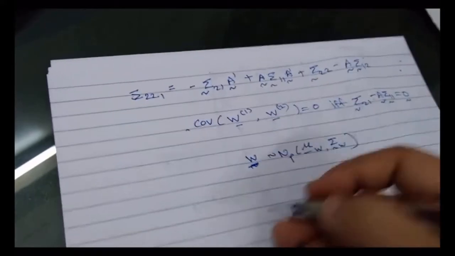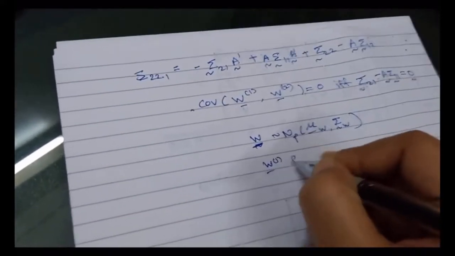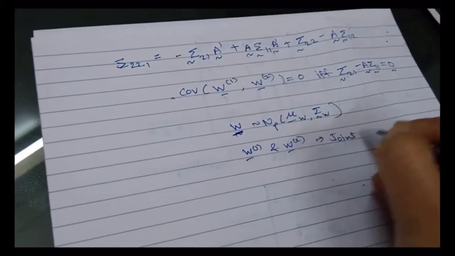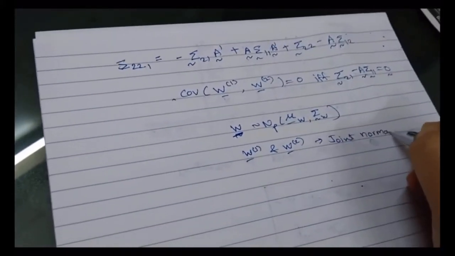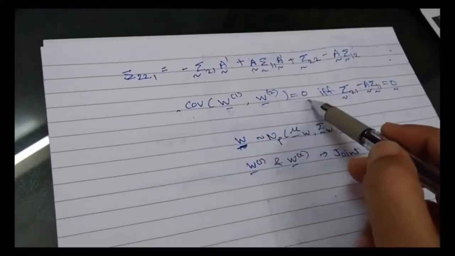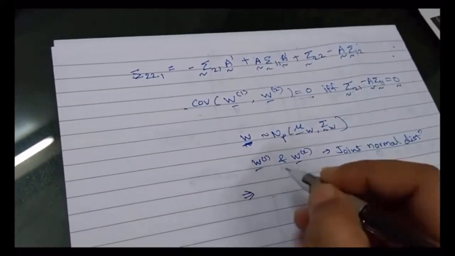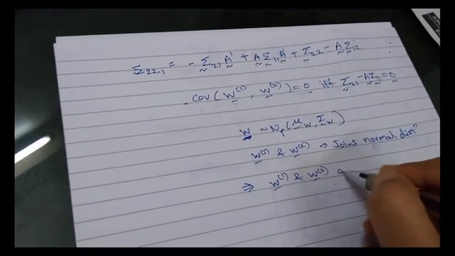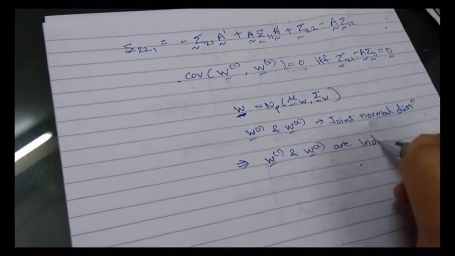That much I know. So, this means that W1 and W2 have a joint normal distribution. We also know that the covariance is 0. So from yesterday's property, this would imply W1 and W2 are independent.